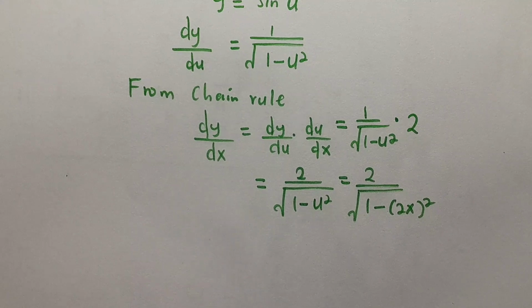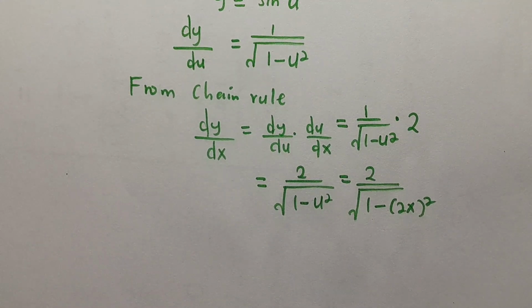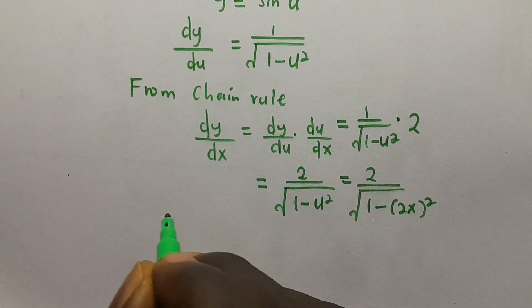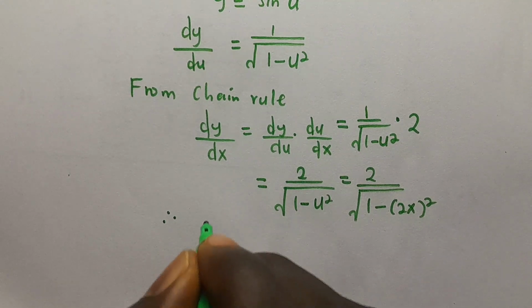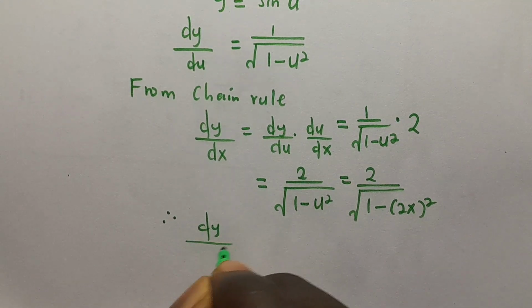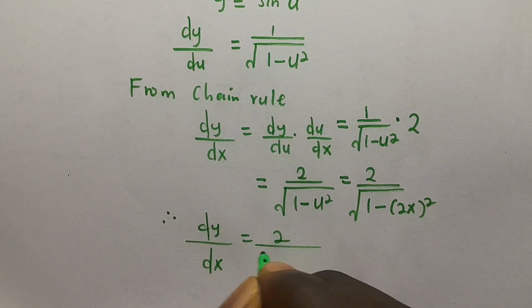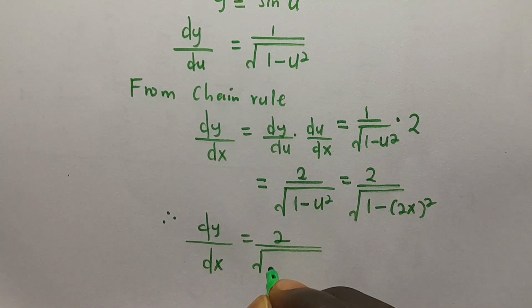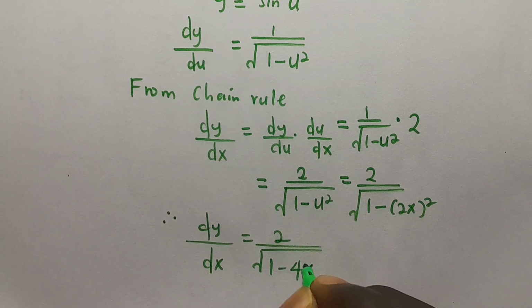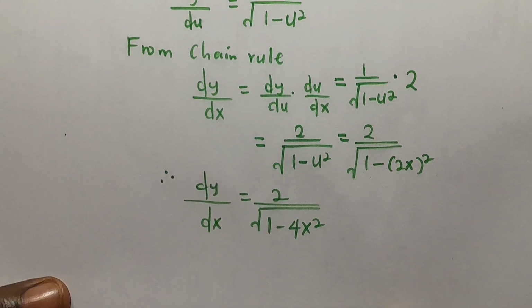By opening this power, we are going to have dy/dx equals 2 divided by the square root of 1 minus 4x squared. And that is the final answer for this.